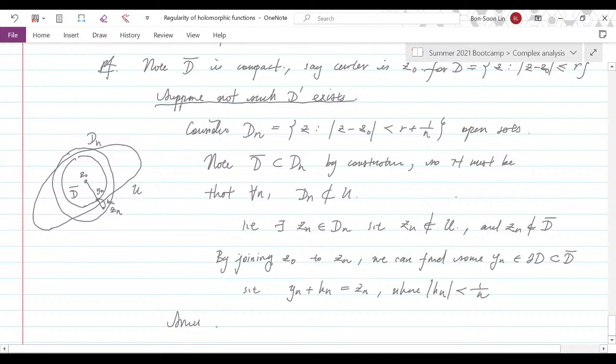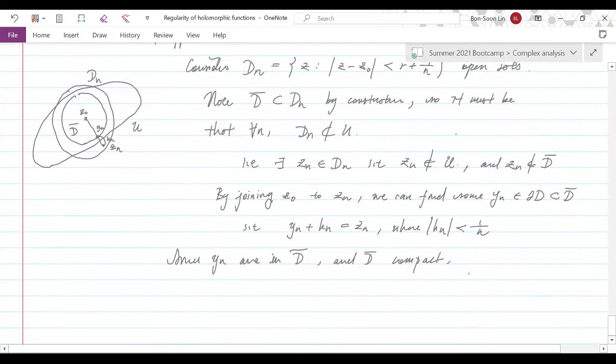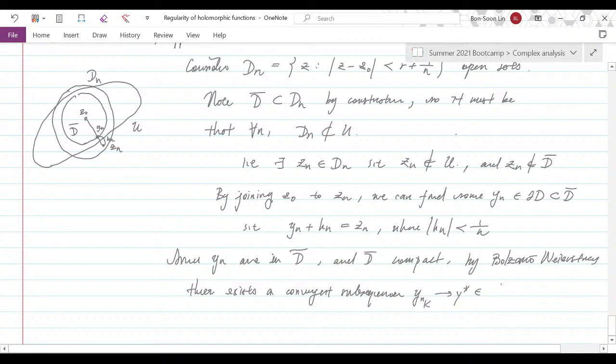So since yn is a sequence of points in D bar, and D bar is compact, by Bolzano-Weierstrass, there exists a convergent subsequence ynk that converges to some y star that is in D bar.